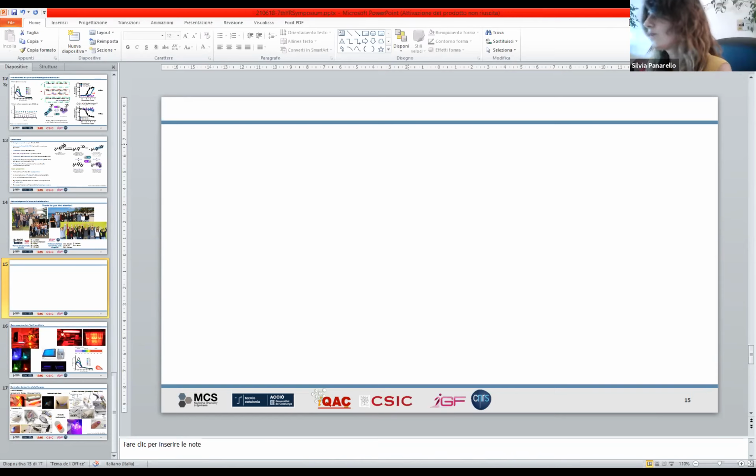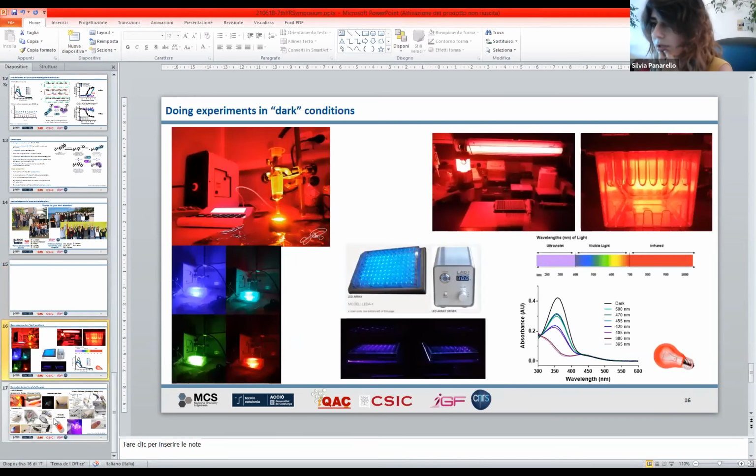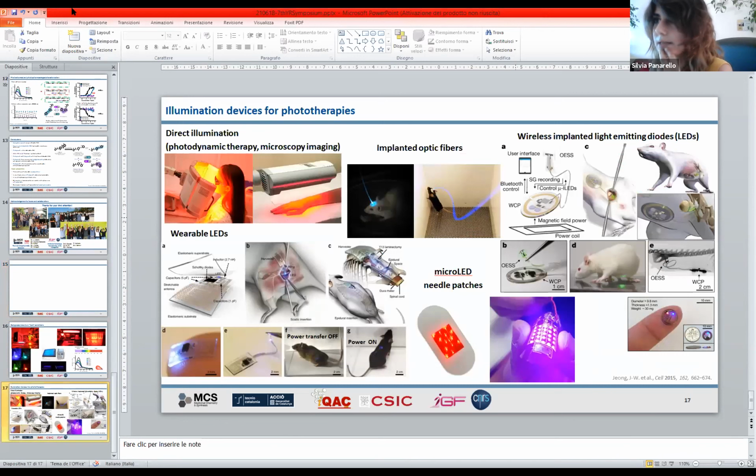Yeah, in this case, 380 nanometers, for the tissue, is not so penetrant as the red one, as the red light, but it depends on the target that we want to assay. So there are different kinds of devices. If I still share the screen, we can still see slides. Okay, I can show you. So some examples of devices for phototherapies.